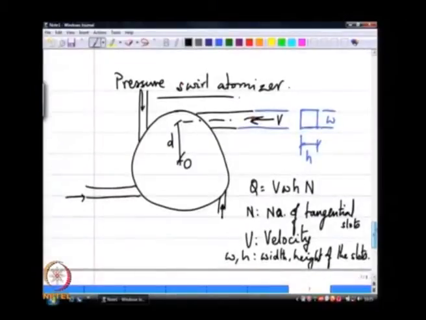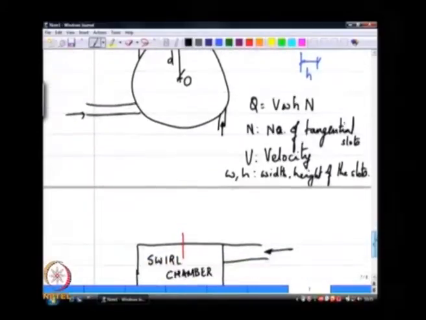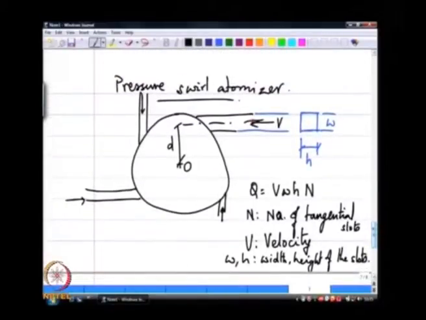So, if I look at what the possible velocity field here would look like inside, and I am going to include this dimension r sub s as the radius of the swirl chamber.